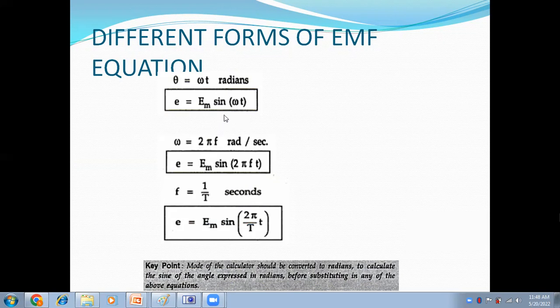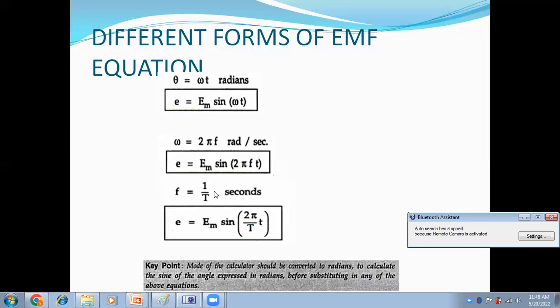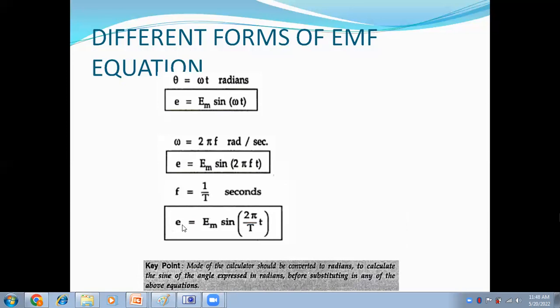I can replace omega t by 2 pi f t, and this equation now becomes E is equal to Em sine 2 pi f t. Also, f is my frequency, and it can be given as 1 upon T, the reciprocal of the time period. So this equation again can be represented as E is equal to Em sine of 2 pi upon T into t.